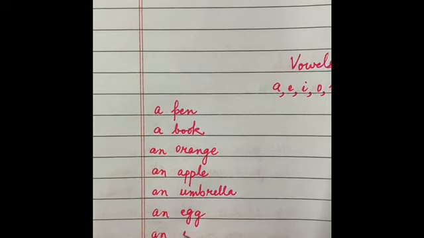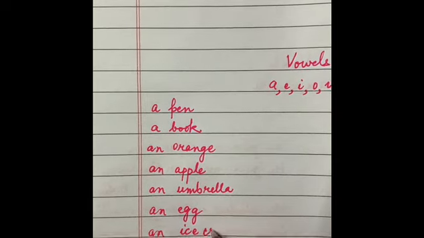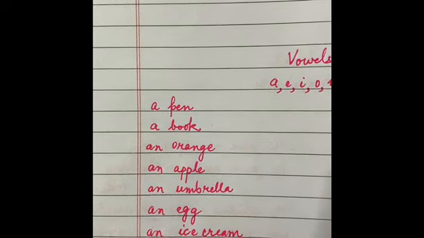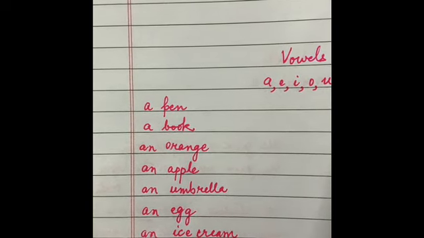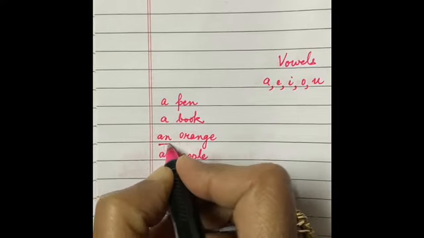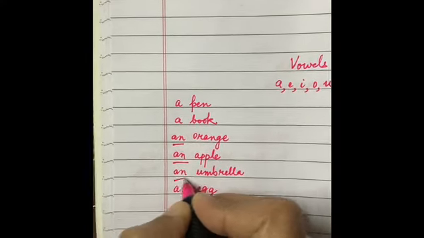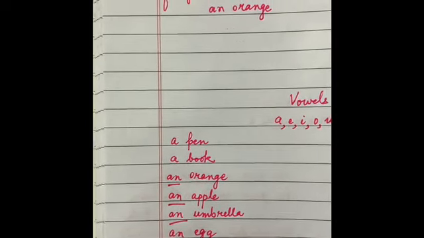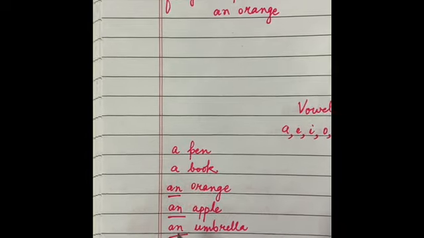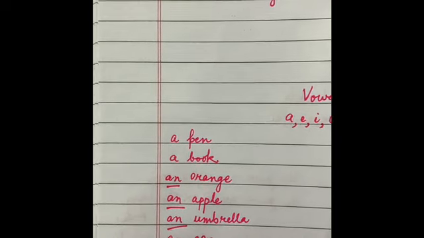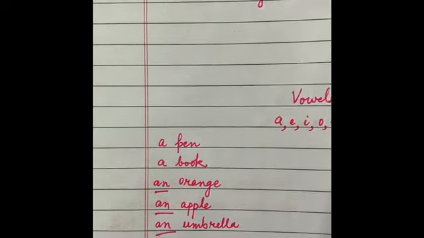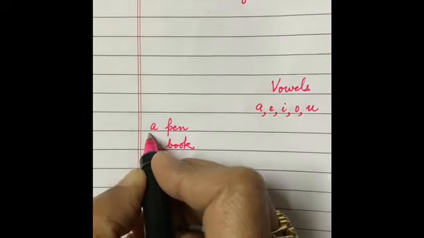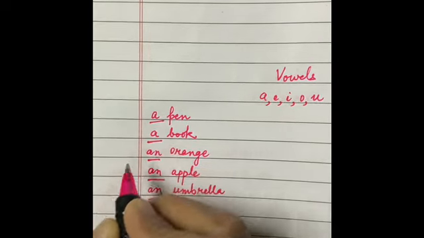An ice cream. So simple, all done. All vowel sounds. An orange, an apple, an umbrella, an egg, an ice cream. So all vowel sounds take the article an, and all consonant sounds take the article a: a pen, a book.